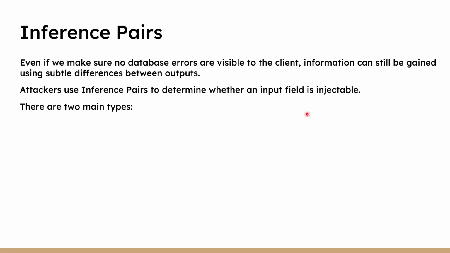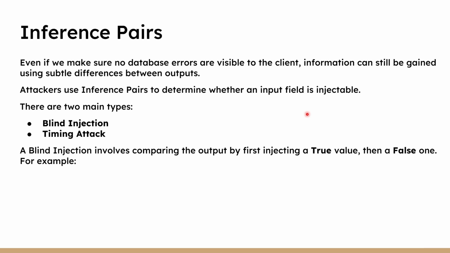There's kind of two types of this: the blind injection and the timing attack. A blind injection is why they call it inference pairs, because you do two test injections. You first inject a true value and then a false one, like a tautology and then a not tautology.